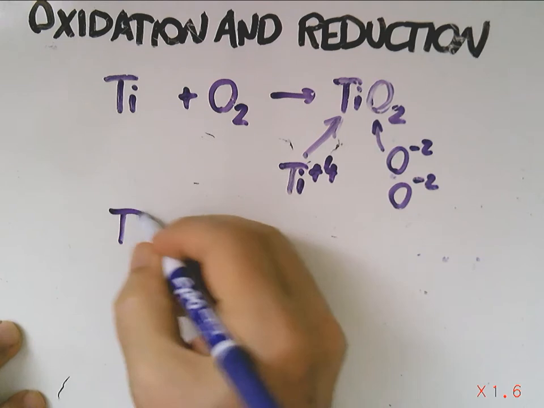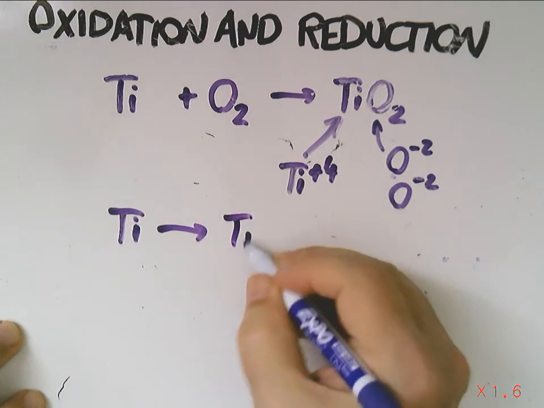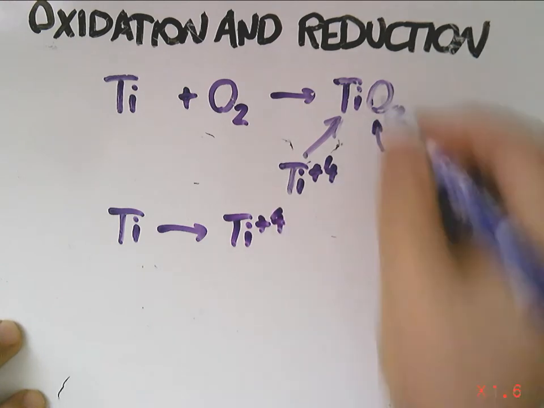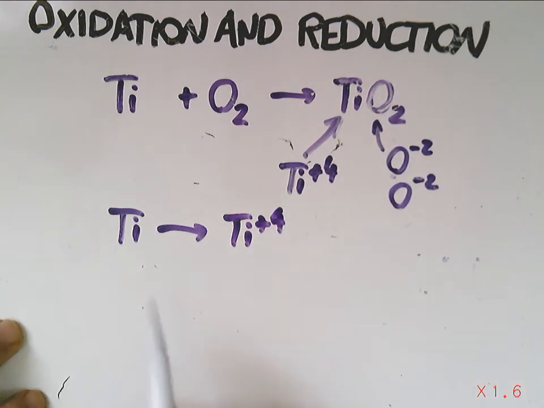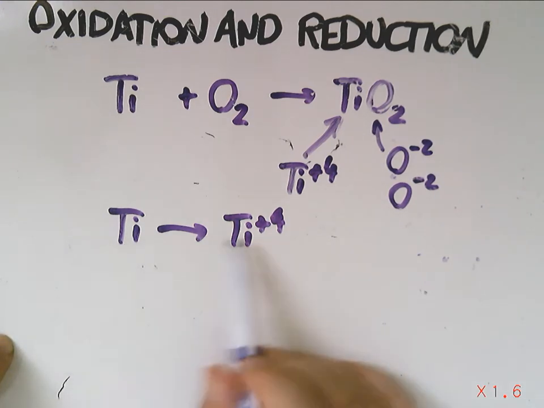The titanium is going to become Ti +4 on the right-hand side. Now I can't just write this down as a reaction all by itself, because not only do your atoms have to balance on either side of an equation, but your charges do as well.